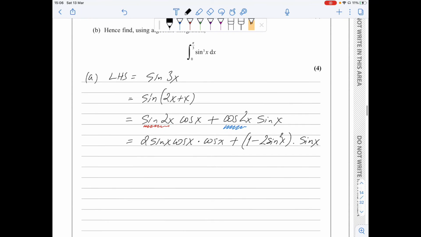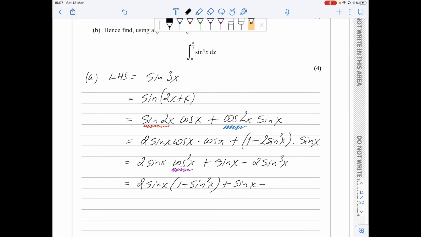If I expand this and simplify, I will get 2 sine x cos squared x plus sine x minus 2 sine cubed x. And now cos squared x, I'll need to change this one. So I have 2 sine x times 1 minus sine squared x.